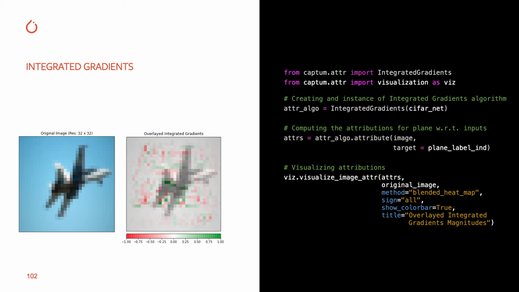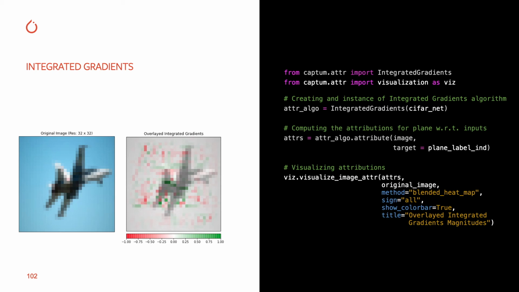When we visualize the attributions, we can see that the attributions have both positive and negative scores. Positive scores are highlighted in green and the negative ones in red. Positive means that those pixels are contributing to the prediction of the plane class, and negative means that those pixels are contributing to a non-plane class, so it could be any other class.